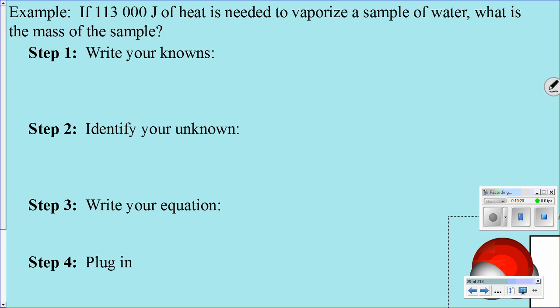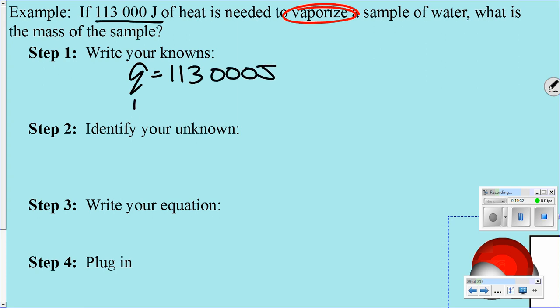So if we have 113,000 joules of heat energy needed to vaporize a sample of water, what is the mass of the sample? So this time we know because of the word vaporize, we know we need to use HV. This time we're solving for mass.